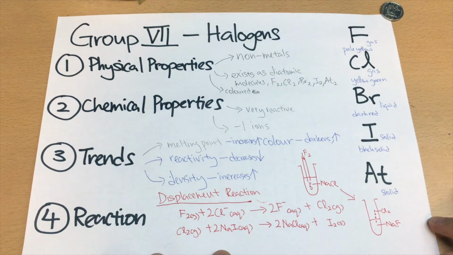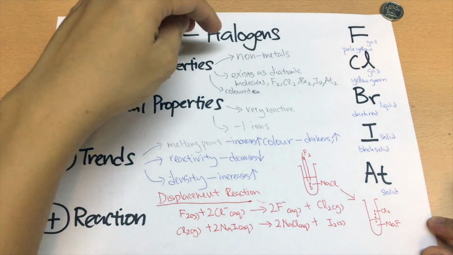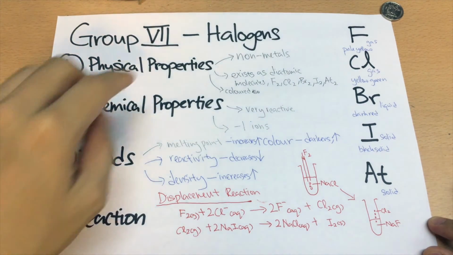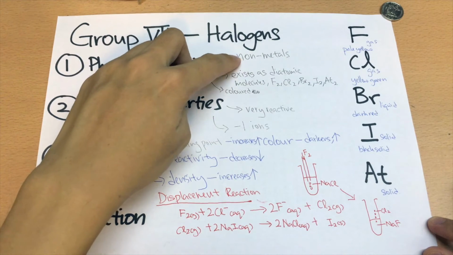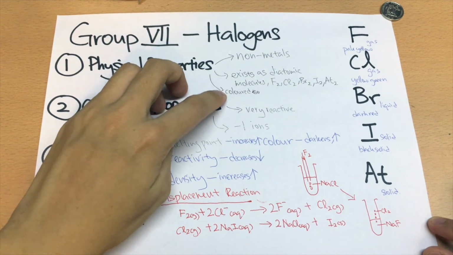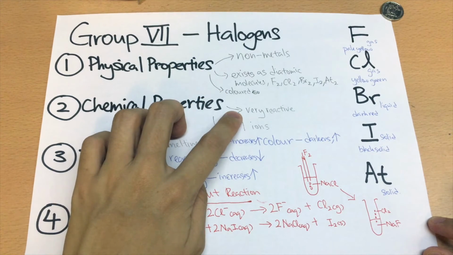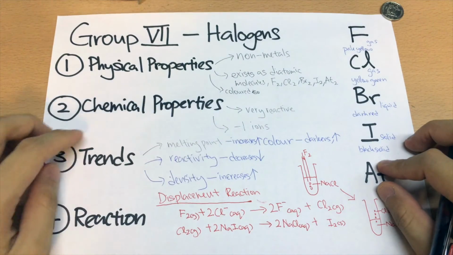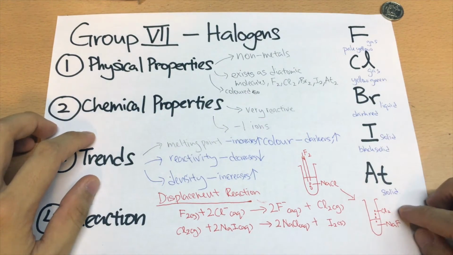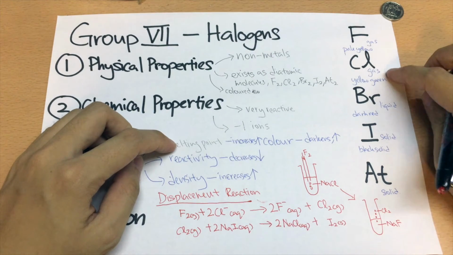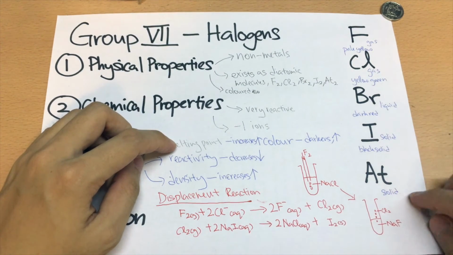So let me recap. There are 4 important sections that you need to know. Halogens are nonmetals that exist as diatomic molecules. Halogens are colored and are very reactive, forming -1 ions. The trends of halogens down the group is that the melting point increases from gas, gas, liquid, solid, solid at room temperature.